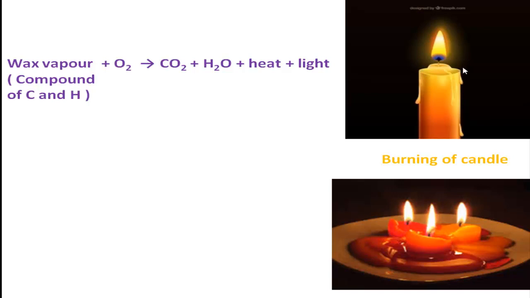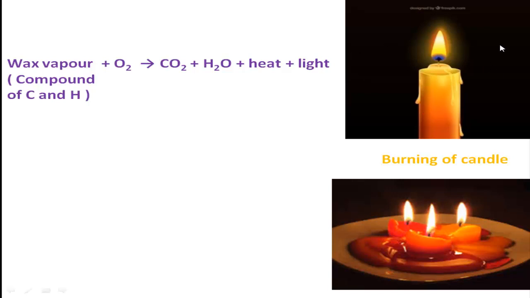Heat energy. Around the candle you feel hot because heat is produced, because this is a combustion reaction, and in a combustion reaction heat energy is always produced. And here light energy is also produced, because in a darkened room when we light a candle, it makes light around us, isn't it?